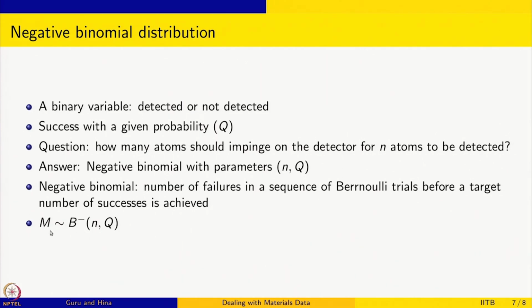We say that this random variable m goes as a negative binomial distribution, and the distribution parameters are small n, which is the number of successes, in this case the number of atoms that get detected by the detector, and q is the probability, in this case the efficiency of the detector. So, this is the idea behind the negative binomial. Remember we had discussed Bernoulli and binomial, now we are moving to the negative binomial distribution.